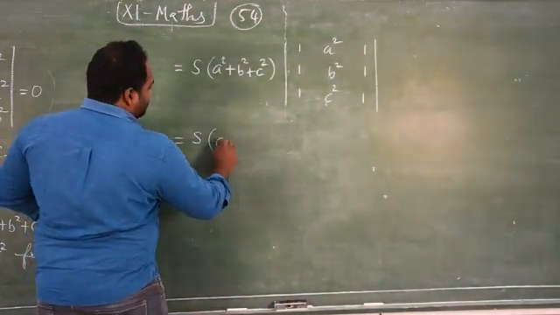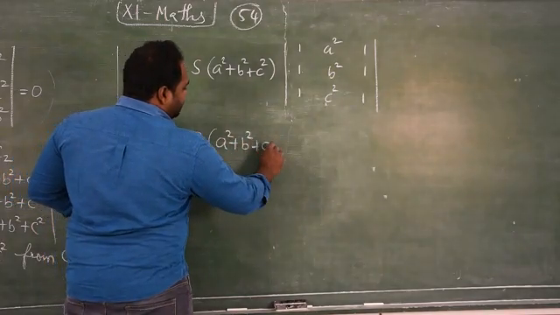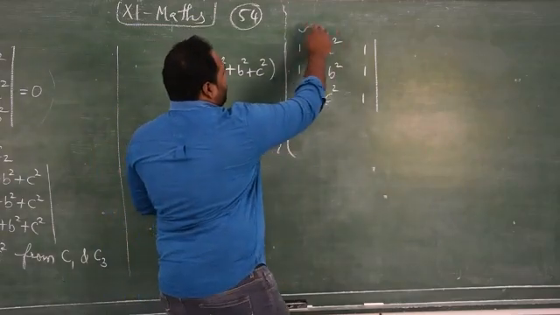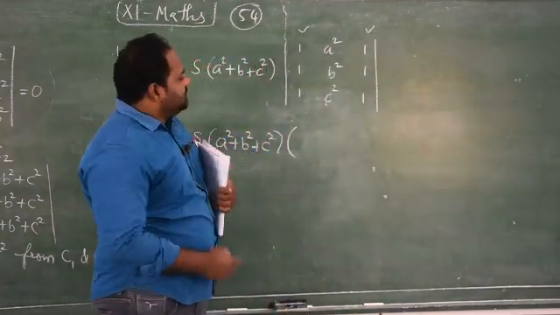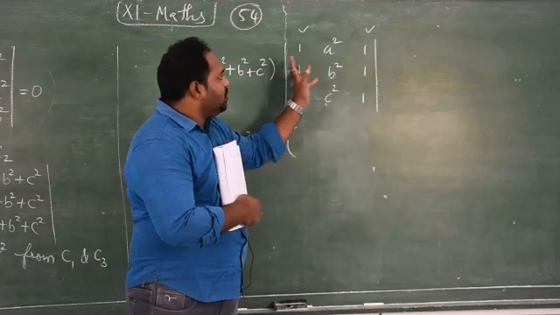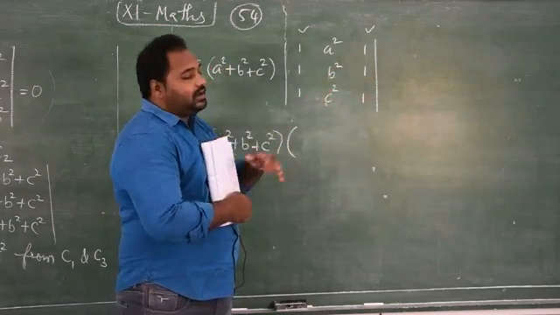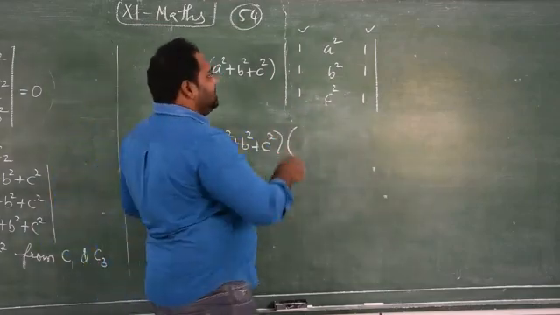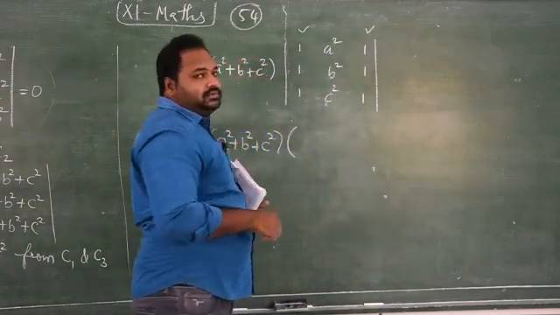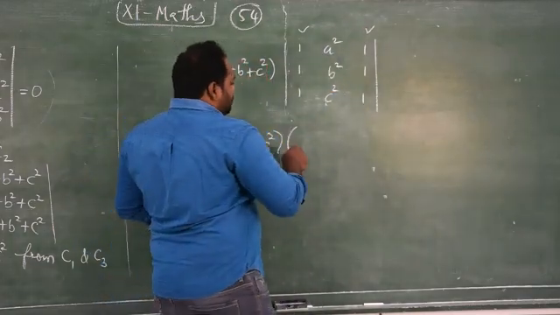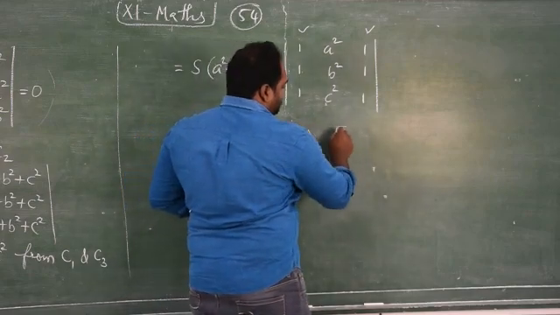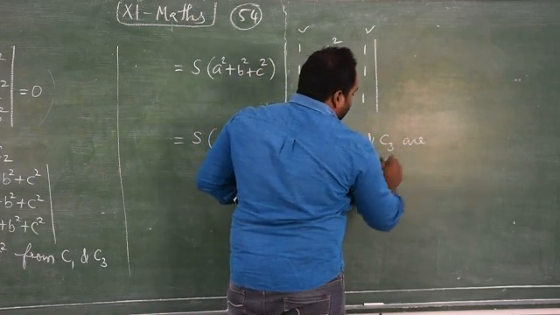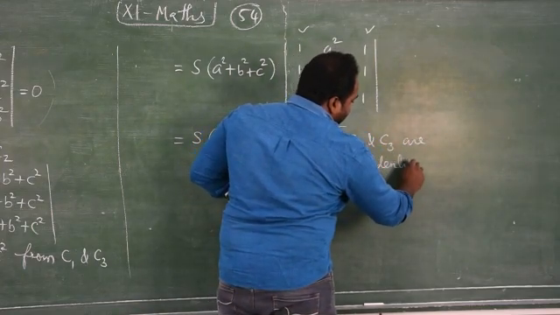S into A square plus B square plus C square into, look at this, column 1 and column 3. This is 1, 1, 1. This is 1, 1, 1. So both are the same. I already told you, when you have rows or columns that are identical, identical means the same values in the columns, so this will be 0. C1 and C3 are identical.